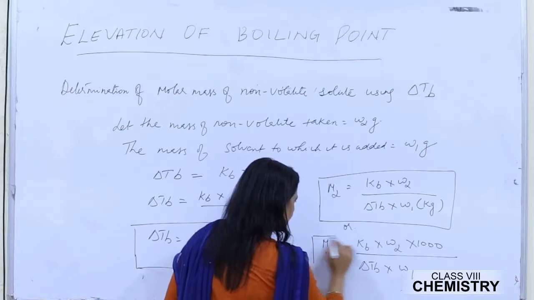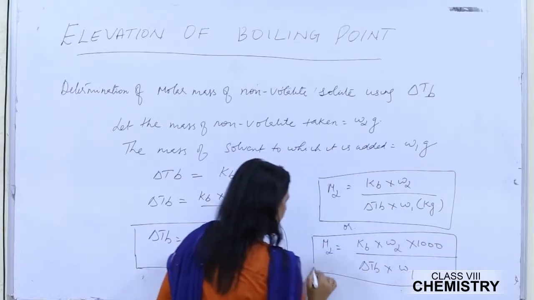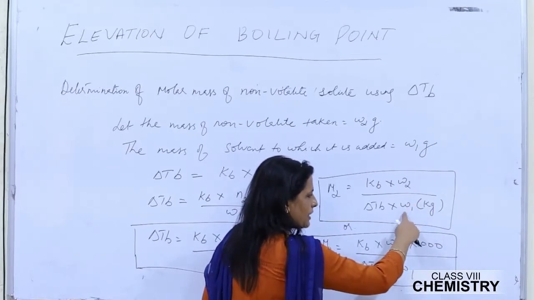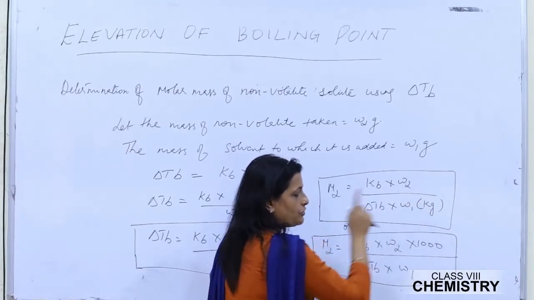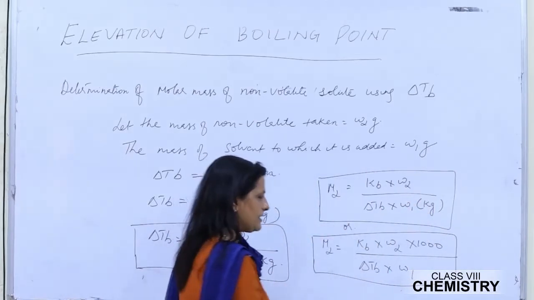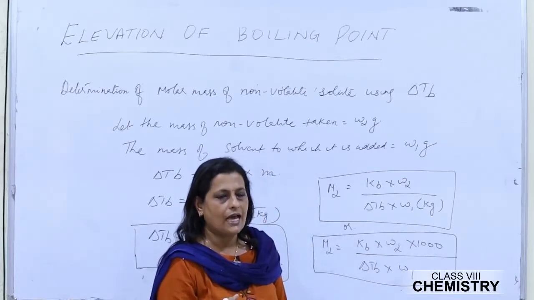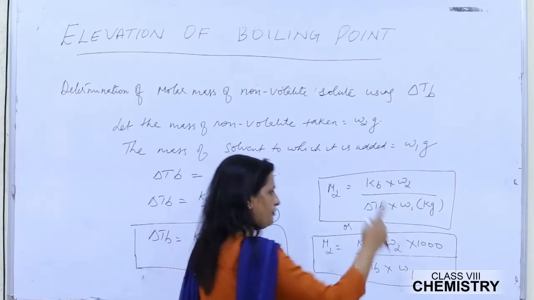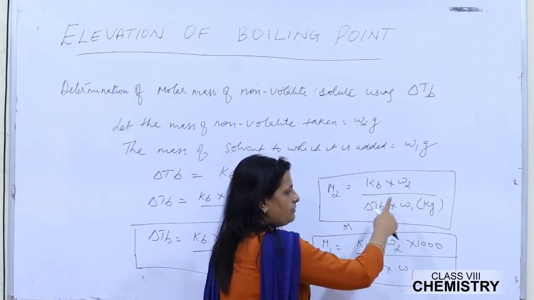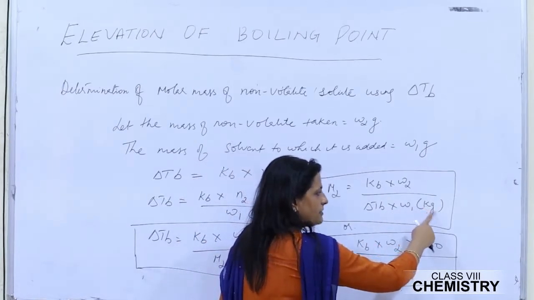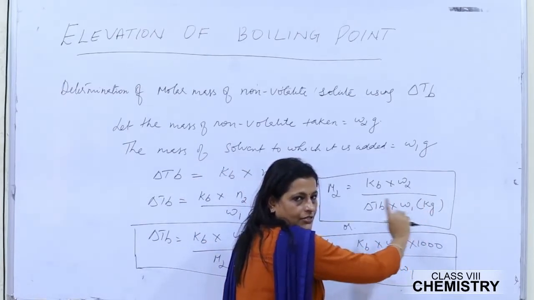Now if you are using this equation, the mass of the solvent will be in which unit? Grams. If you use the previous equation, it should be in kg. So you should be very careful. If the mass of the solvent is given in grams and you want to use the kg equation, you have to convert it into kg.